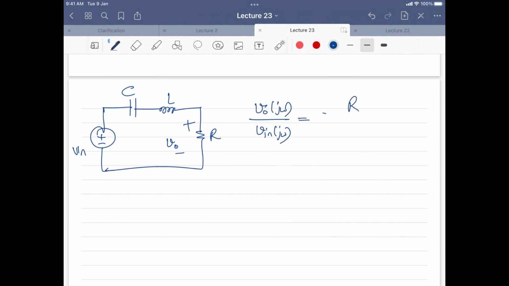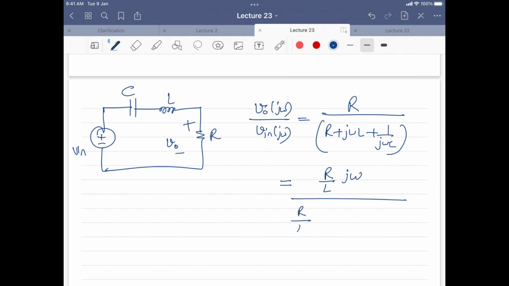If you solve it, you will get this as the answer, and then if you solve it further, we get R by L j omega divided by R by L j omega plus 1 by LC minus omega square.